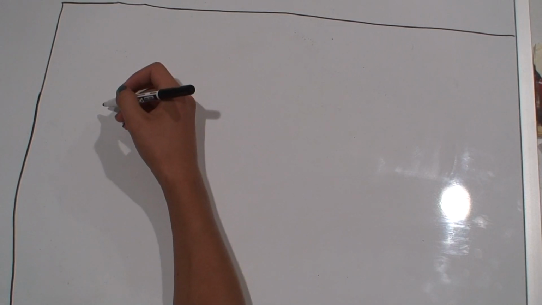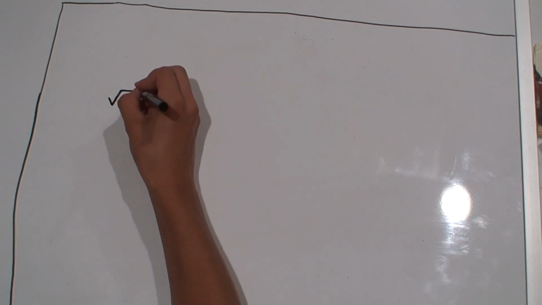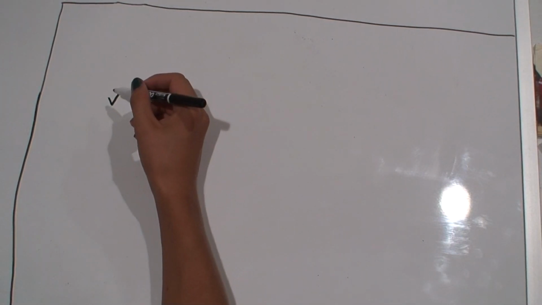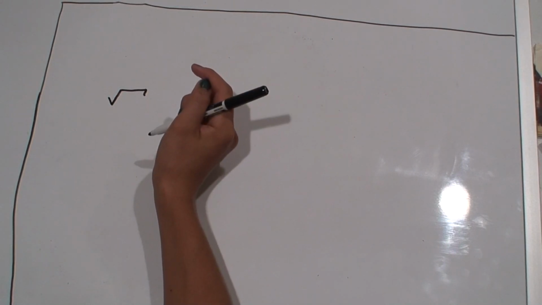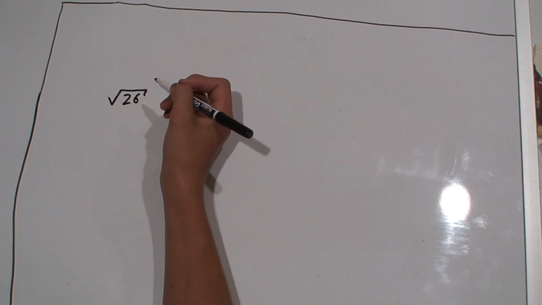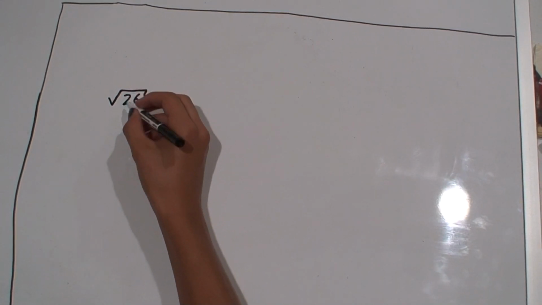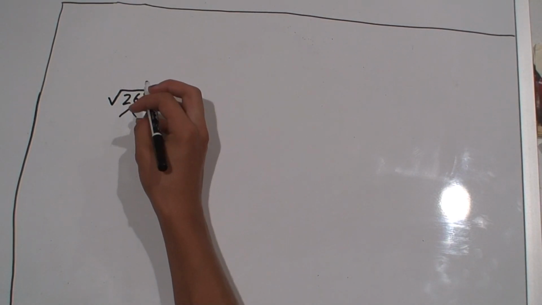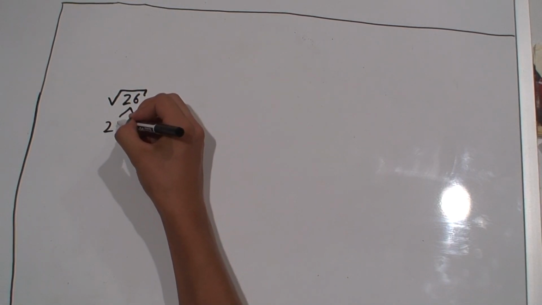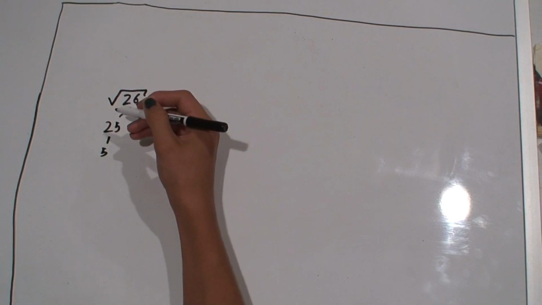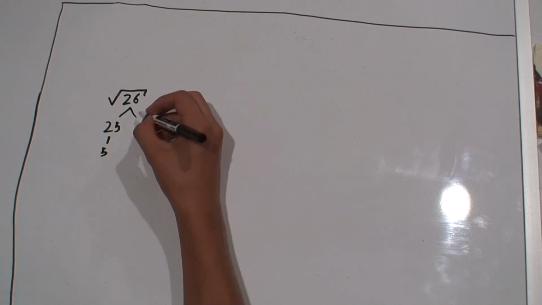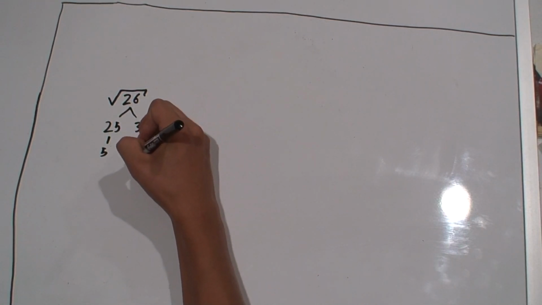One of the first lessons in Mr. Grove's class was the square root of a number that was not a perfect square. And I think it's a pretty neat trick that goes in there. So we have the square root of 26. So what you can do is you can find the lower square root, in that case 25, which is just 5 times 5. Then the square root higher than that, which would be 36, which is 6 times 6.